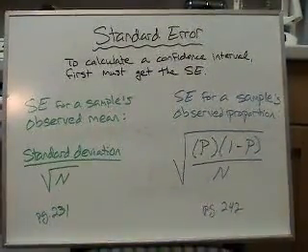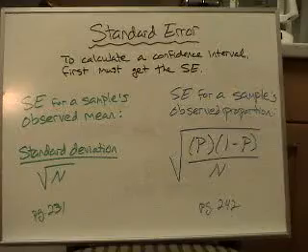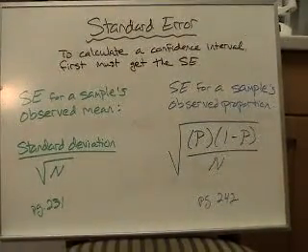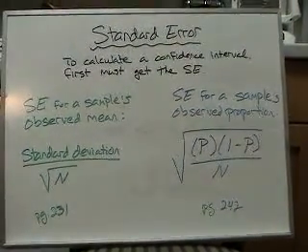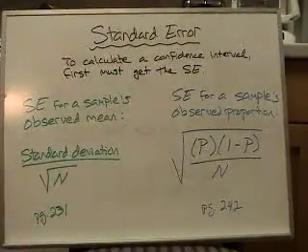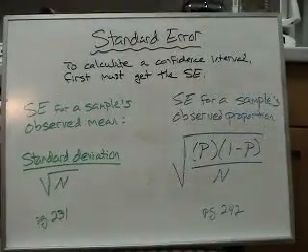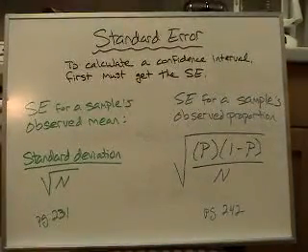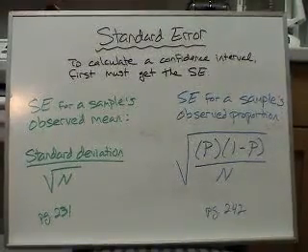Okay? The standard error for a sample's proportion looks a little bit more tricky, but it's not really that difficult. All you do is you take the sample's observed proportion, which is symbolized through the letter p. Then you multiply it by 1 minus p and divide it by your sample size of n. And then you take the square root of that entire equation, and that'll give you the standard error for a sample's proportion.